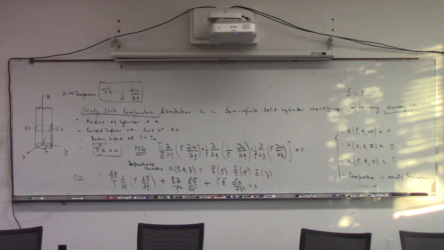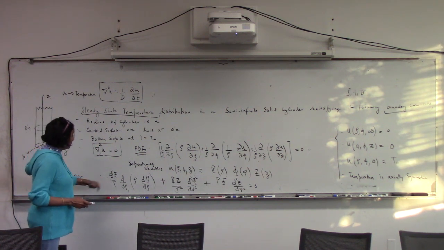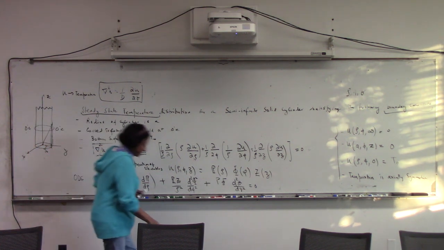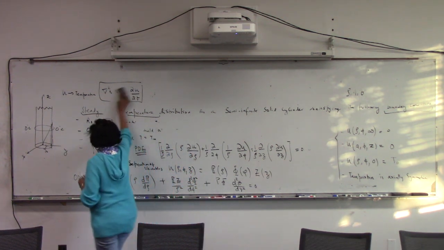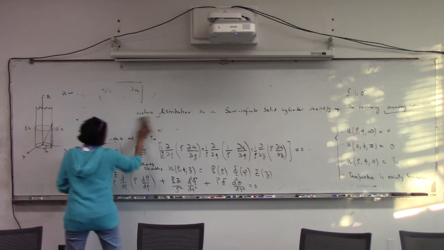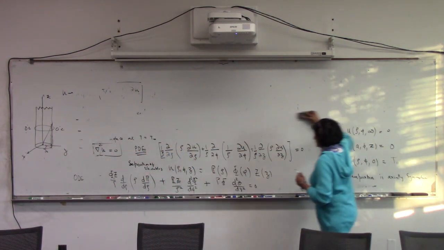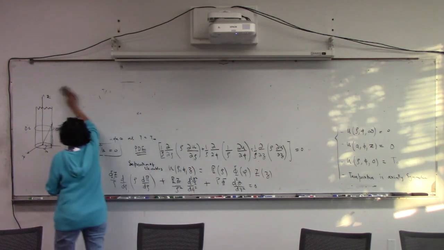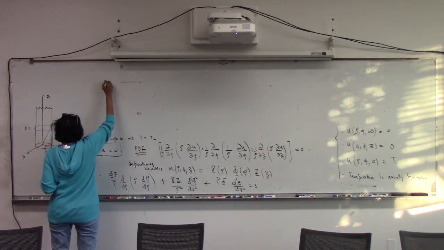So we just divide by P phi Z. Let us do that. So divide by P phi Z.